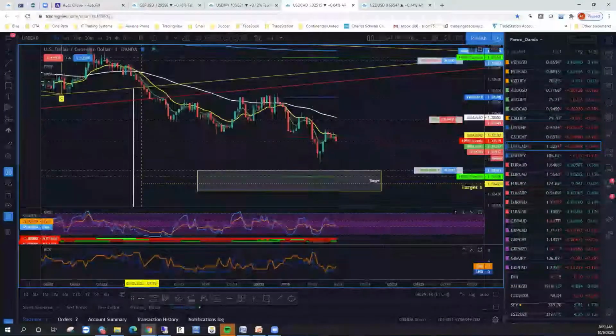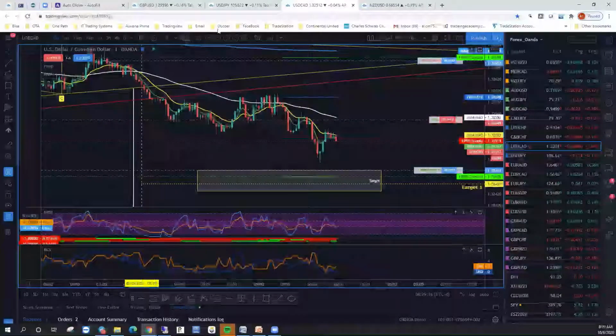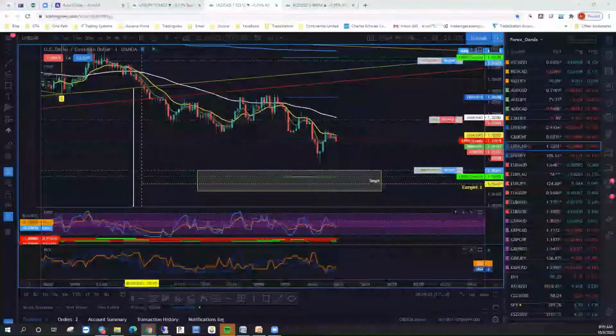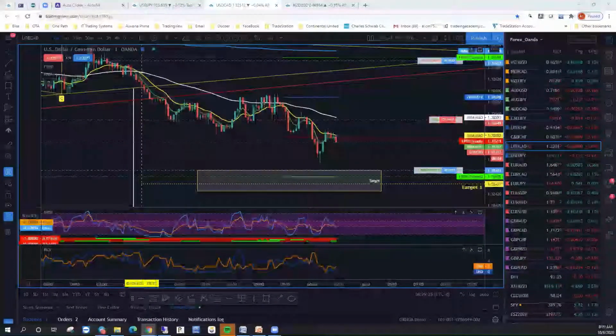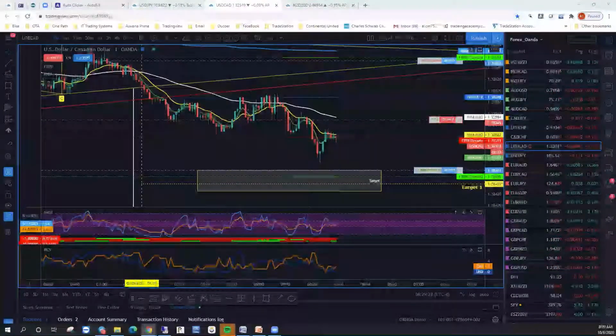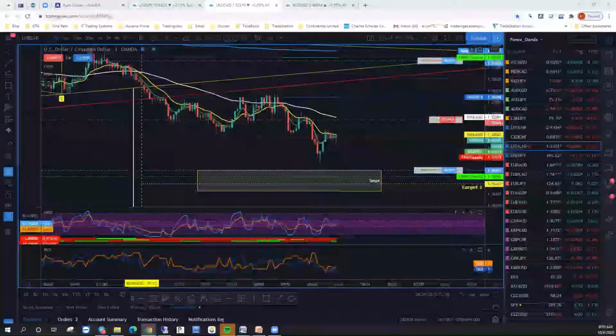Last thing you want to be doing. There might be an opportunity to take this one on the short side because you got a nice W, and if it reverses around 71.75, then we could maybe look for entry. But this breakout of this wedge here, that would have been your target for sure. It would have hit.